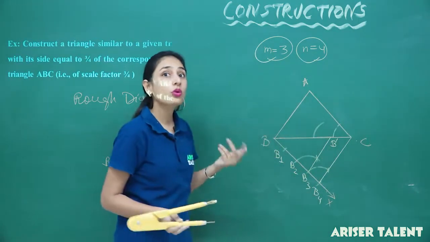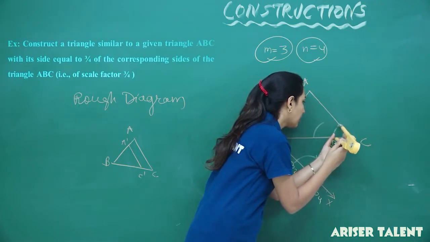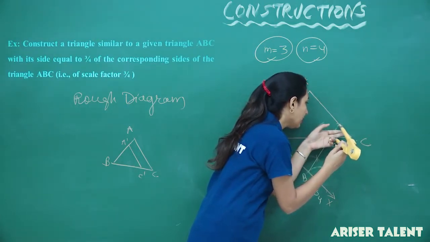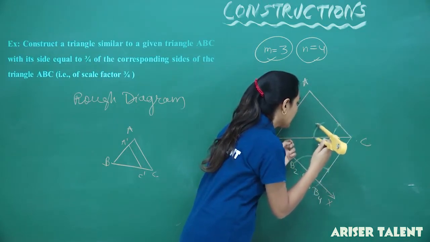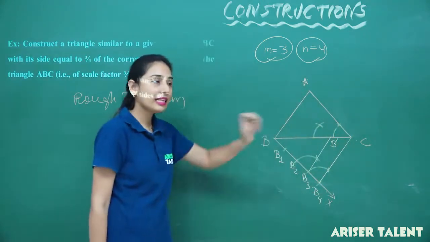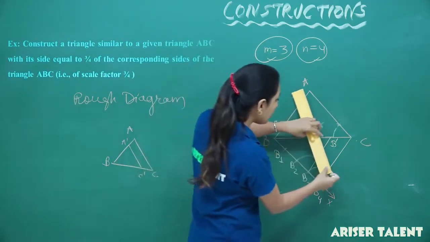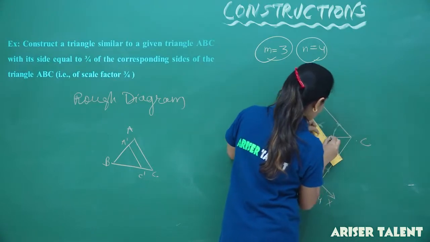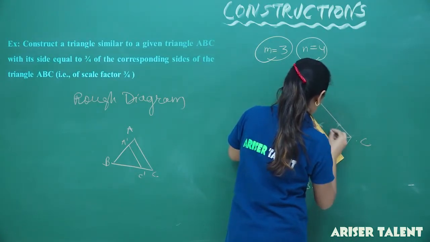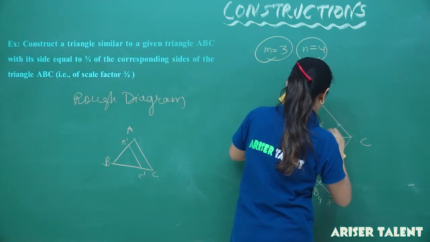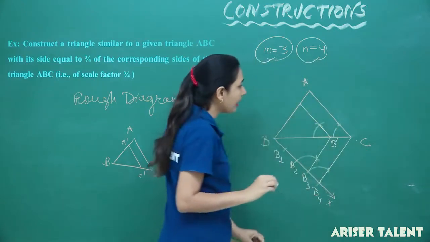Now I'll just measure this angle and cut an arc. I'll get a point. That intersection is where I'll meet that B dash, and this intersection as well, so that I can get that line.